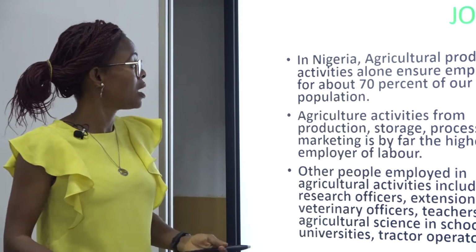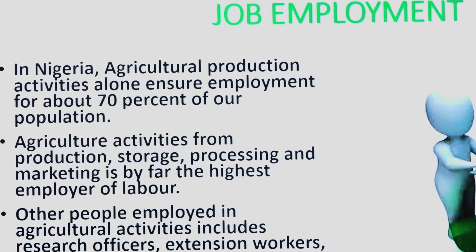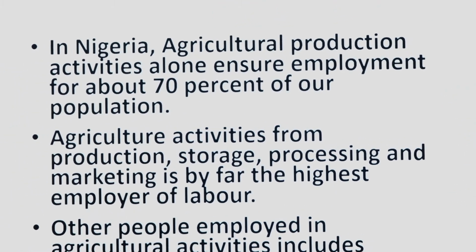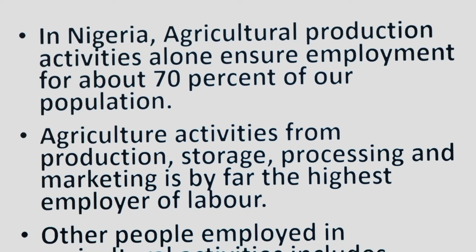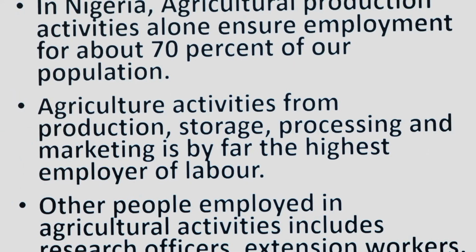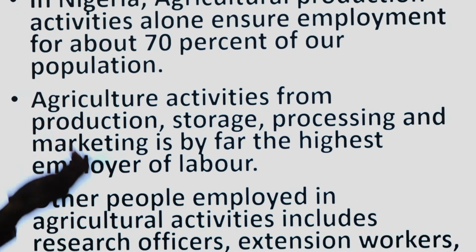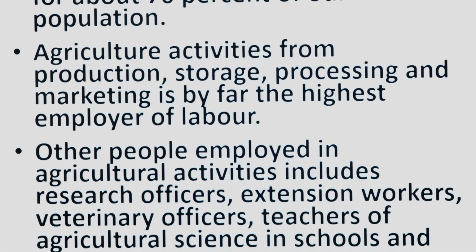So in Nigeria, agriculture provides more than 70% of our population jobs. What kind of jobs can you talk about? From agricultural products being processed, stored, produced, and marketed, employment is gotten. That's the reason why agriculture can currently be said to be the highest employer of labor.